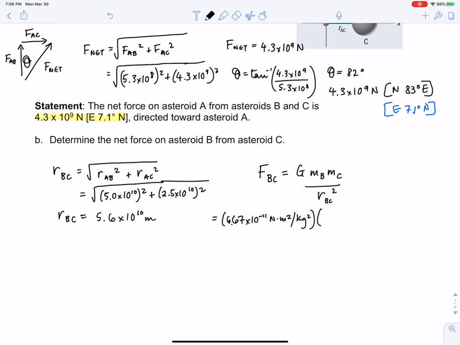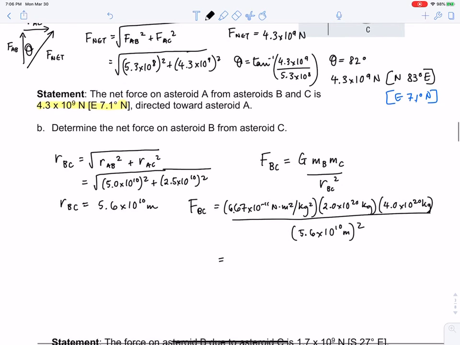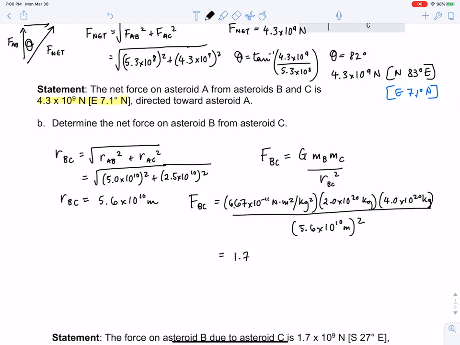The mass of asteroid B is 2 times 10 to the power of 20 kilograms. The mass of asteroid C is 4 times 10 to the power of 20 kilograms. And we just determined the radius, or the distance between them, which is 5.6 times 10 to the power of 10 meters squared. So the force of asteroids C and B, if we punch it into our calculator, is 1.7 times 10 to the power of 9 newtons.